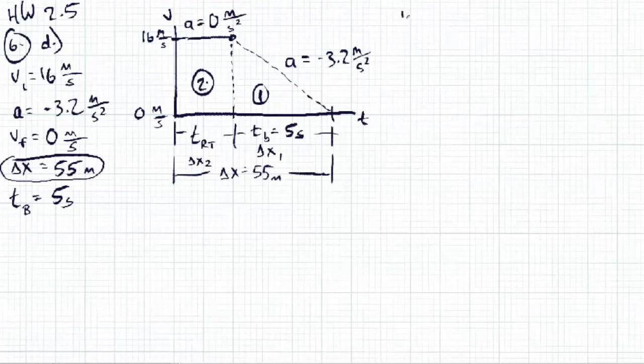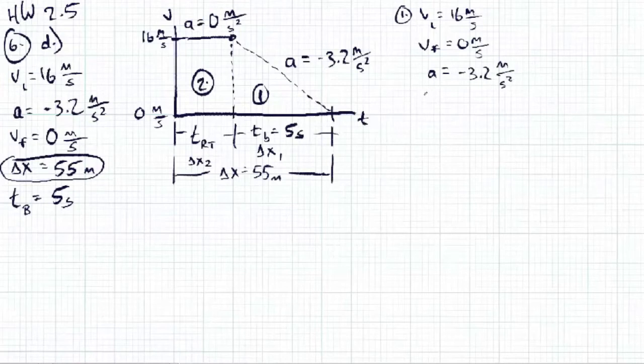So for part 1, our deceleration. Well, our initial velocity is 16 meters per second. Our final velocity is going to be 0 meters per second. Our acceleration is negative 3.2 meters per second squared.